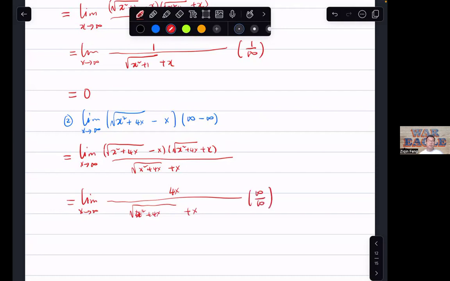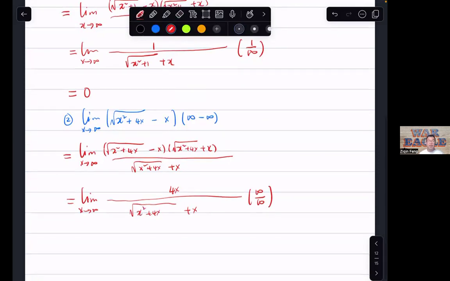Now if you look at the numerator, as x goes to infinity, this is clearly infinity over infinity, still undetermined. So by our discussion before, we want to change the infinities to 0 or a finite number by dividing by the infinity. We choose the biggest power of x. This x is order 1, this x squared is order 2, but we take a square root and go back to order 1.